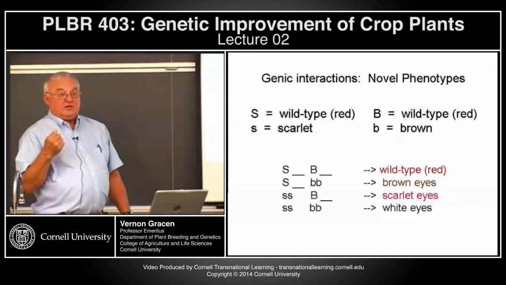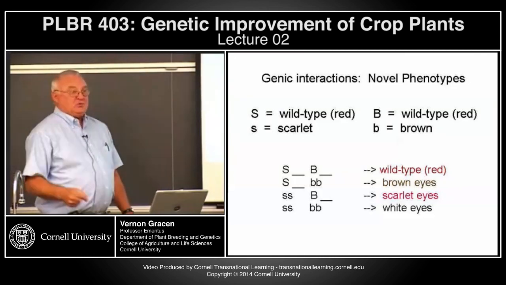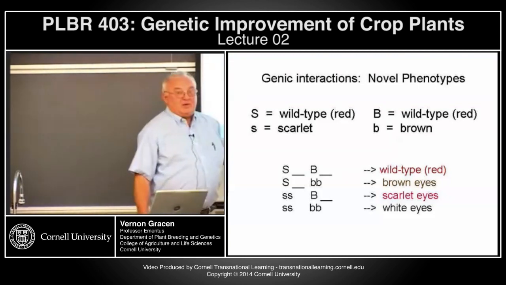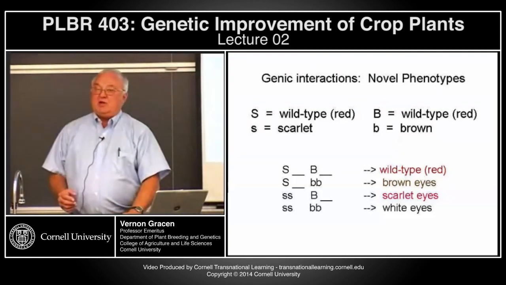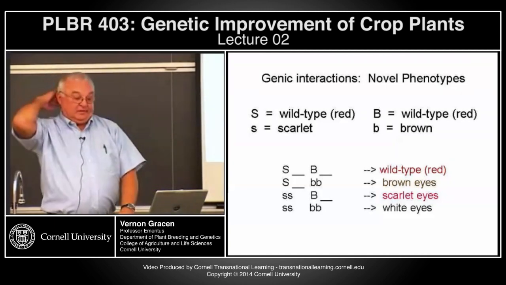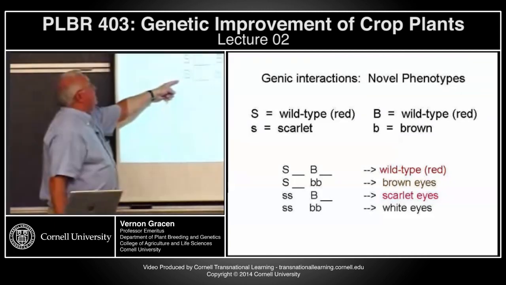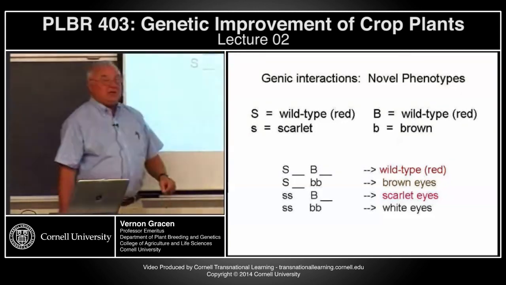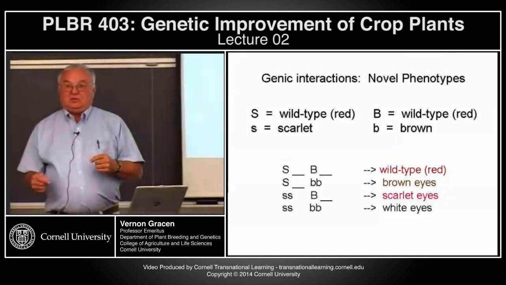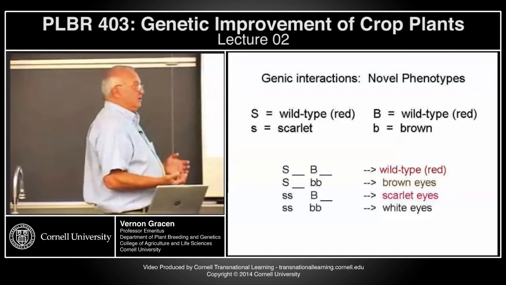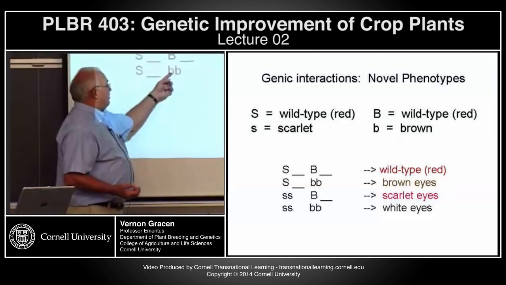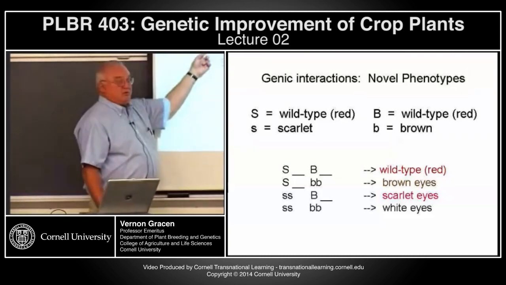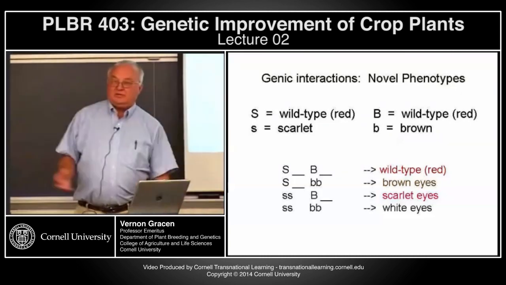And it turns out that the only way you can get red eyes when you put these two loci together is if you have both a dominant S and a dominant B. Then you get a red-eyed phenotype. Even if you have the dominant S, which by itself controls red, if you have the recessive bb, you get brown eyes. So this is a case where the recessive trait controlled by the B locus is expressed, and the dominant trait controlled by the S locus really doesn't impact that.